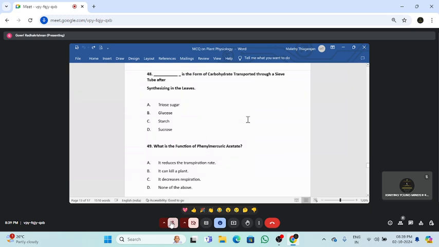48th question. Dash is a form of carbohydrate transported through a sieve tube after synthesizing in the leaves. Sucrose. That is a form of carbohydrate transported through the sieve tube.